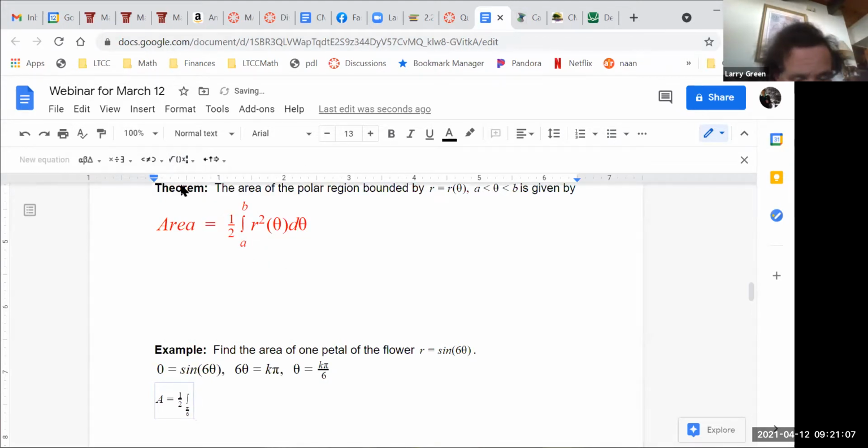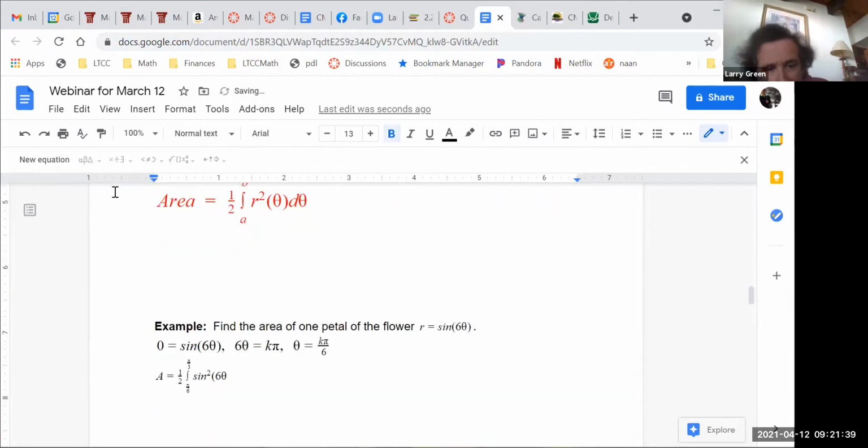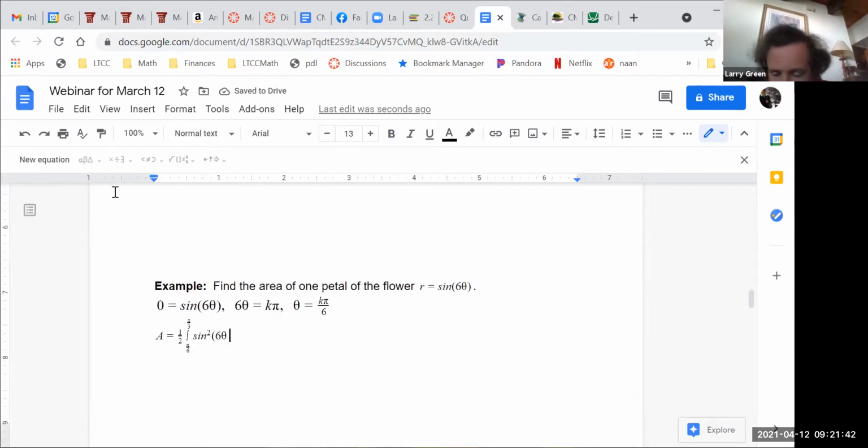Oops. Try that again. There we go. We get pi over 3. And then r is sine of 6 theta. So that's going to be sine squared of 6 theta, d theta.